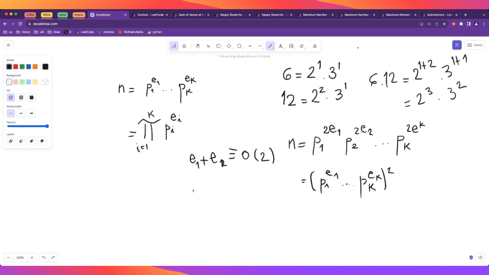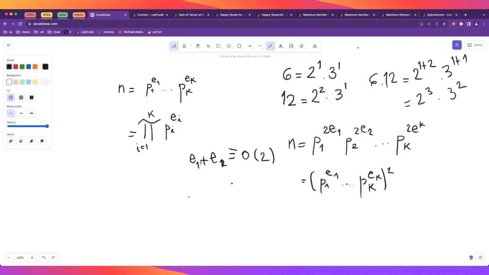This is true only when they are both 0 or both 1, both even or both odd. That's the only case where you get a 0 here. If you have a 1 and a 0, or vice versa, because the addition is commutative, then you'll get a 1. You'll get an odd number.